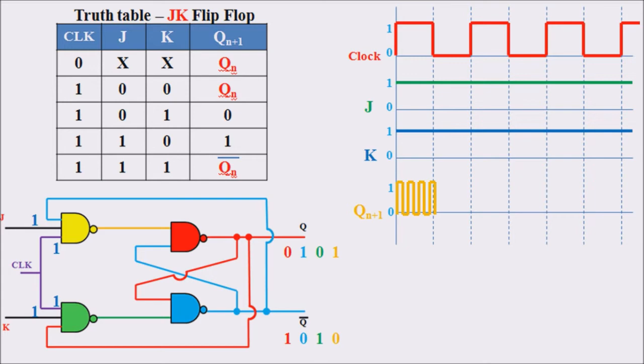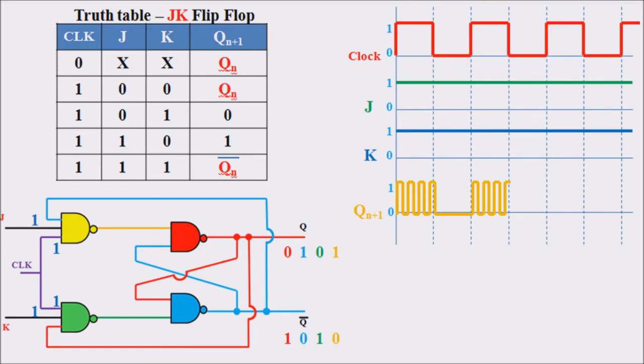Thus, in this case, the circuit will continue in the memory condition as per the truth table of this JK flip-flop. Thus, the clock equal to 0 yields Qn plus 1 equal to the memory condition. And when the clock again becomes 1, this circuit continuously flips its data.